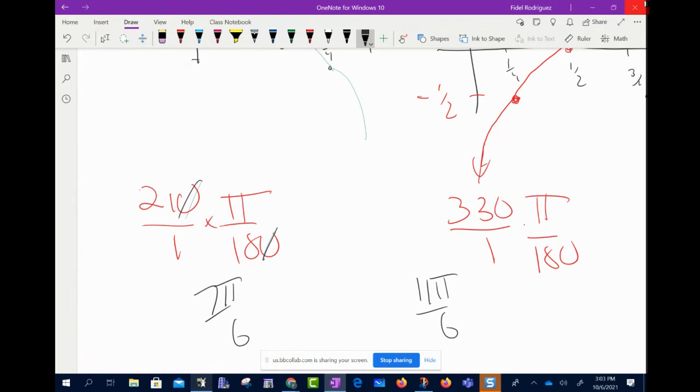If you just type in 330 divided by 180, it gives you a decimal. So there's a button at the top that says math, and the first one should be fraction. 11 over 6, so it's 11 pi over 6, right?